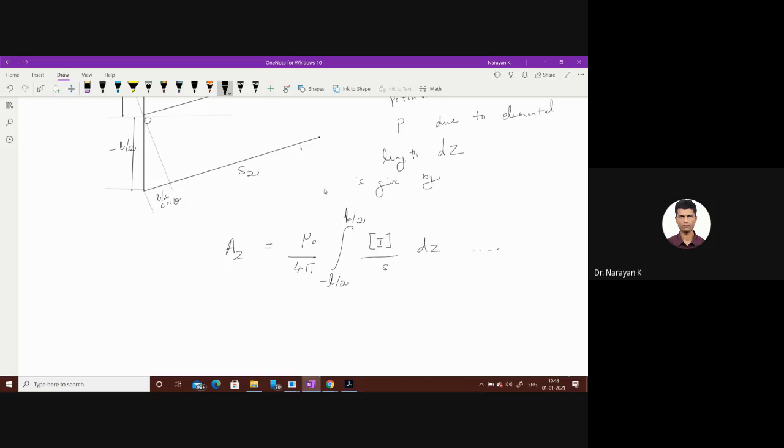Call this equation number 3. This is your definition of the vector magnetic potential.